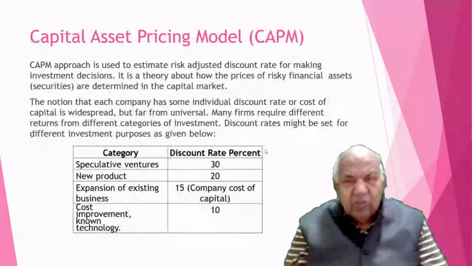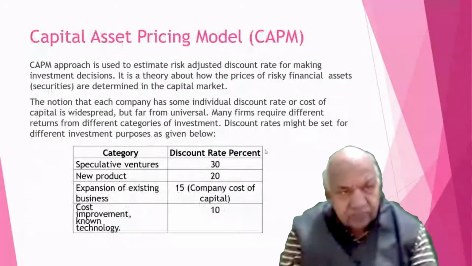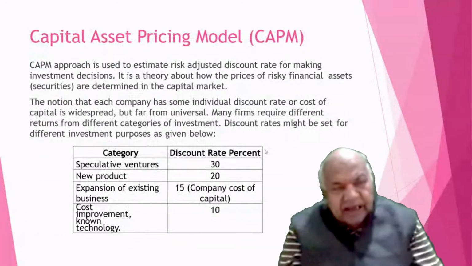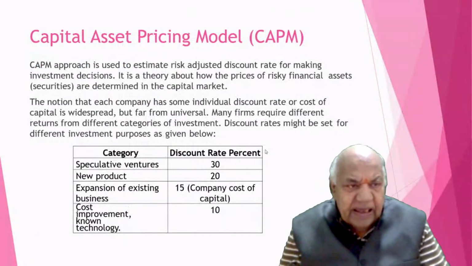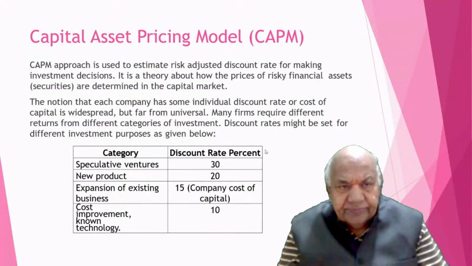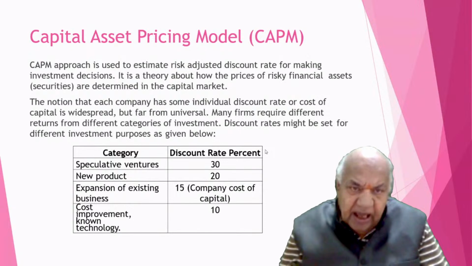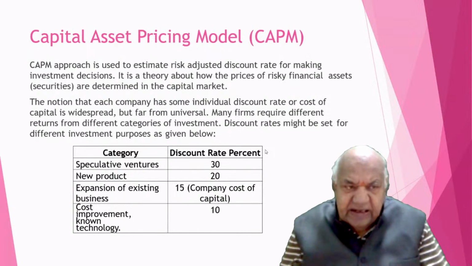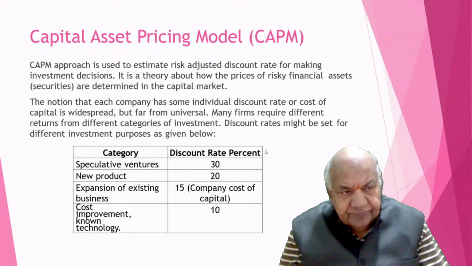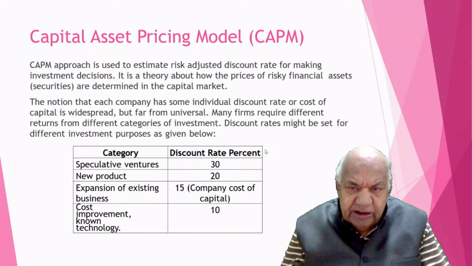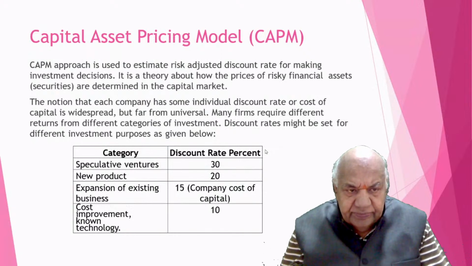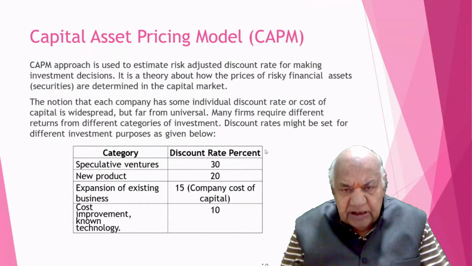Capital Asset Pricing Model, CAPM. The CAPM approach is used to estimate the risk-adjusted discount rate for making investment decisions. It is a theory about how the prices of risky financial assets are determined in the capital market. The notion that each company has some individual discount rate or cost of capital is widespread but far from universal.